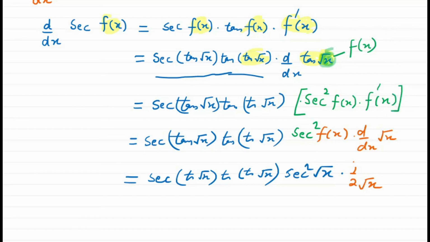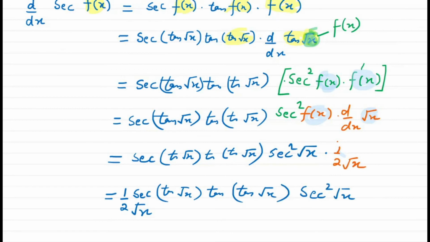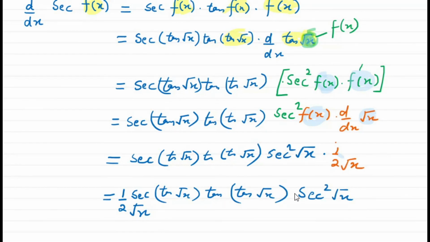So root x was your f(x), so here the differentiation of that we have done. So here it is root x, here we also have root x, so then we have done the differentiation of root x, so we got this 1 by 2 root x. So the final answer will be 1 by 2 root x, sec of tan root x, tan of tan root x, into sec square root x. So this is your answer for this question. So I hope this chain rule is clear to you.